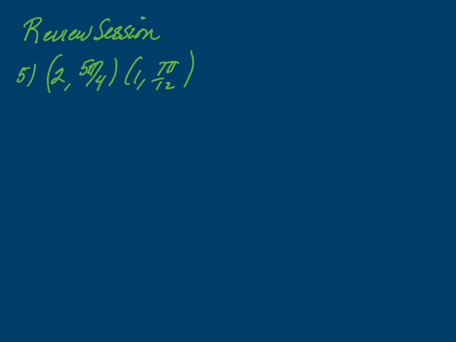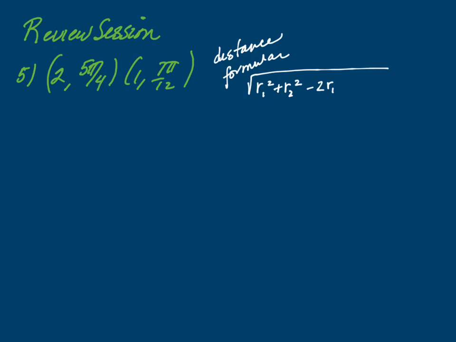So number 5 from the review session wants the distance between these 2 points. Remember the distance formula for polar coordinates? It's the square root of r1 squared plus r2 squared minus 2 times r1 times r2 times the cosine of theta 2 minus theta 1.